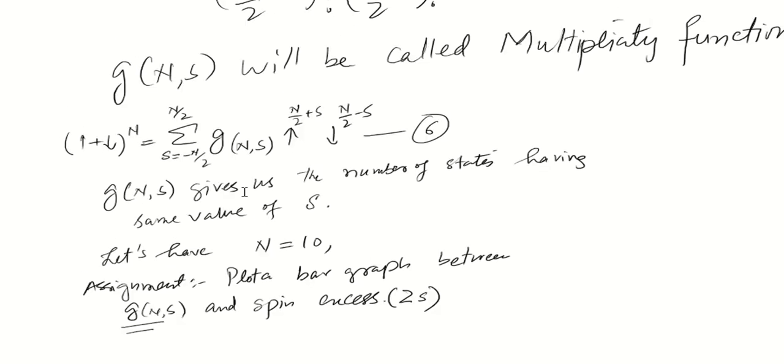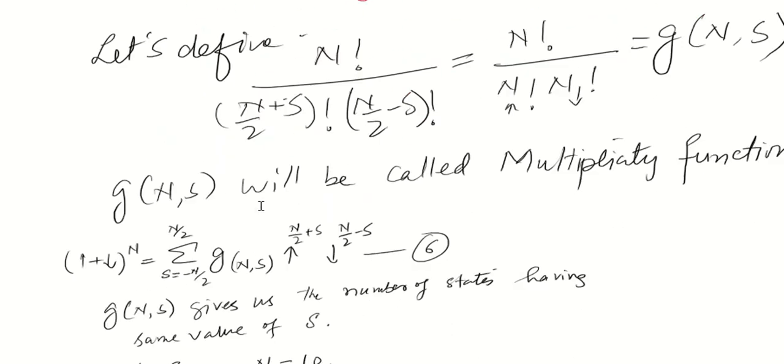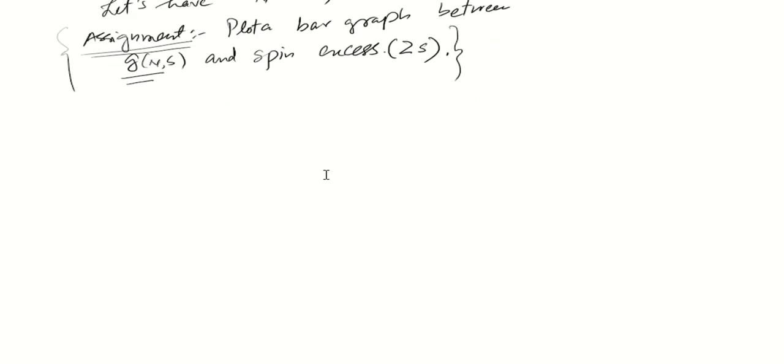What is your idea? This is your assignment for before the next lecture, and I say it's very easy. You just need to use the formula of G n s, which is here, and plot it against the spin axis, that is 2s.